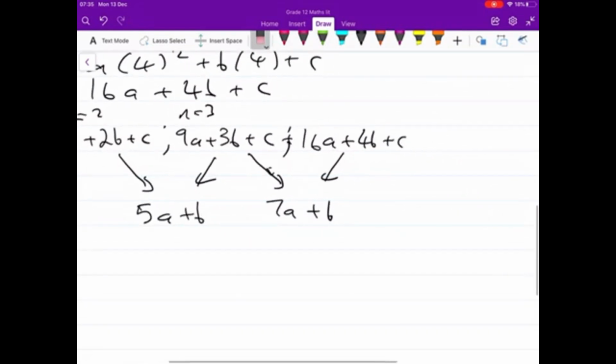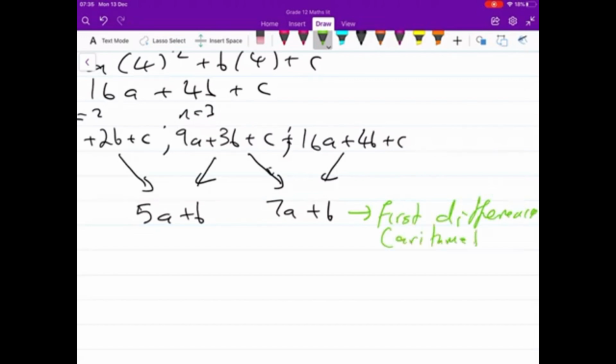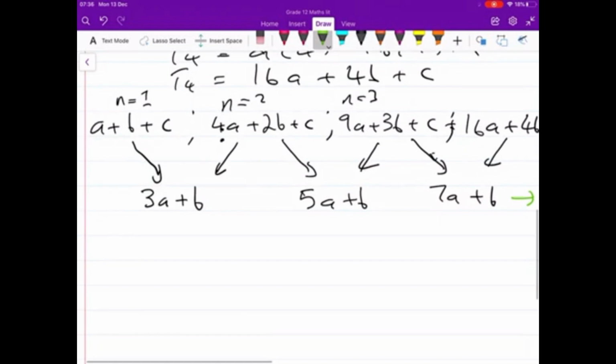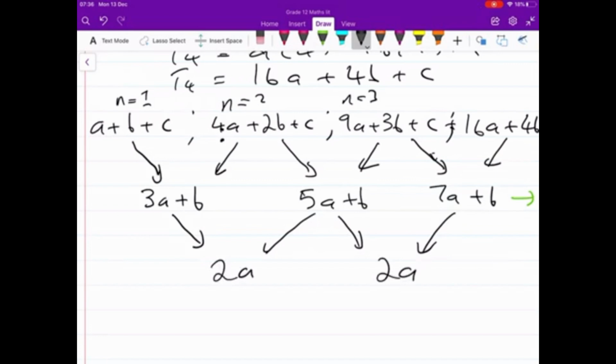So the first difference of a quadratic sequence is actually arithmetic. Of course, as you learned last year, you would have to find the second difference by subtracting the first differences, so that we get 2a and 2a.